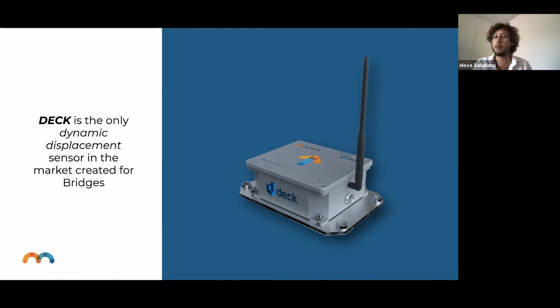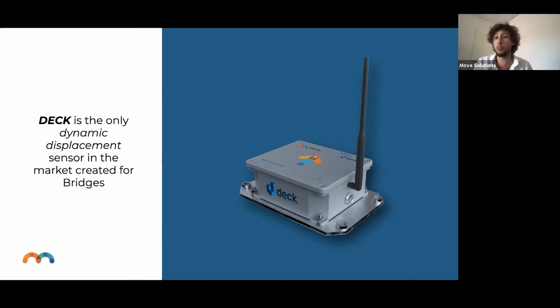The deck is, I think, the first IoT sensor that is made to sample displacement, dynamic displacement. It's designed mainly for bridges or for other railway applications, but mainly for bridges.